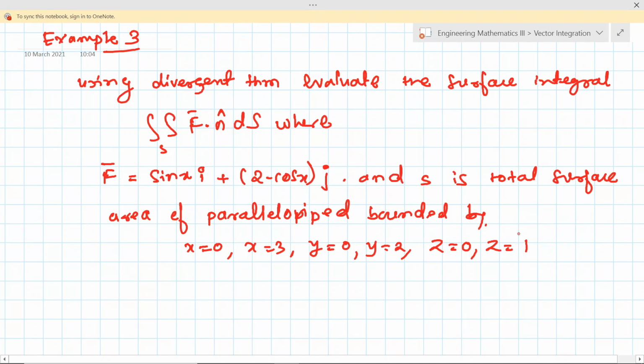Okay, so this is the total surface area of the parallelepiped bounded by this.